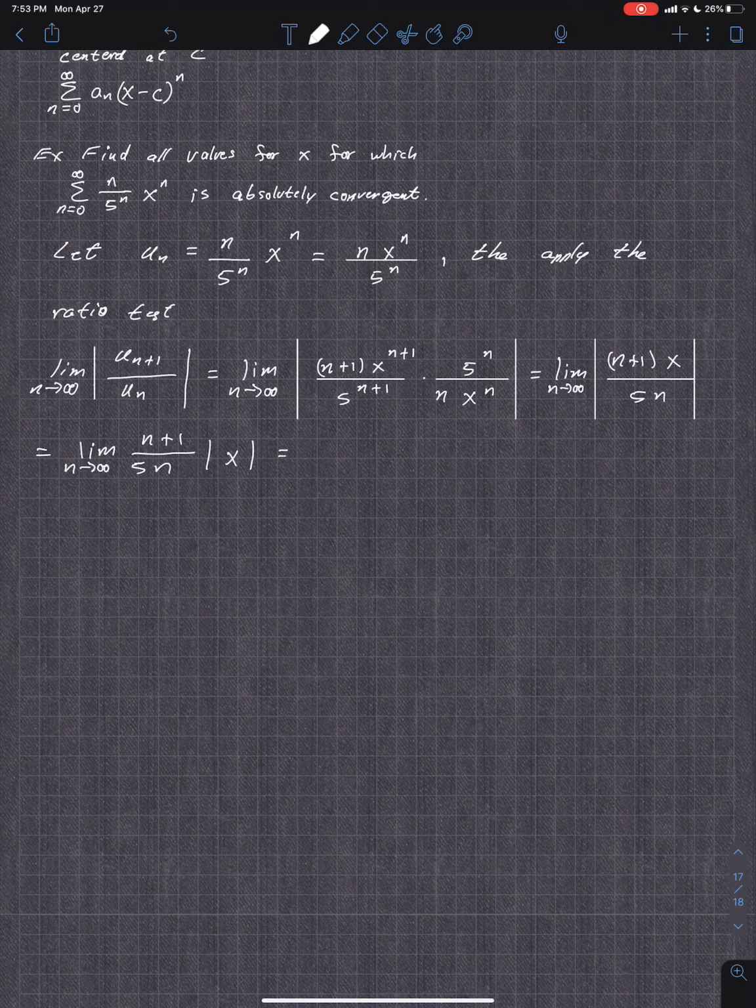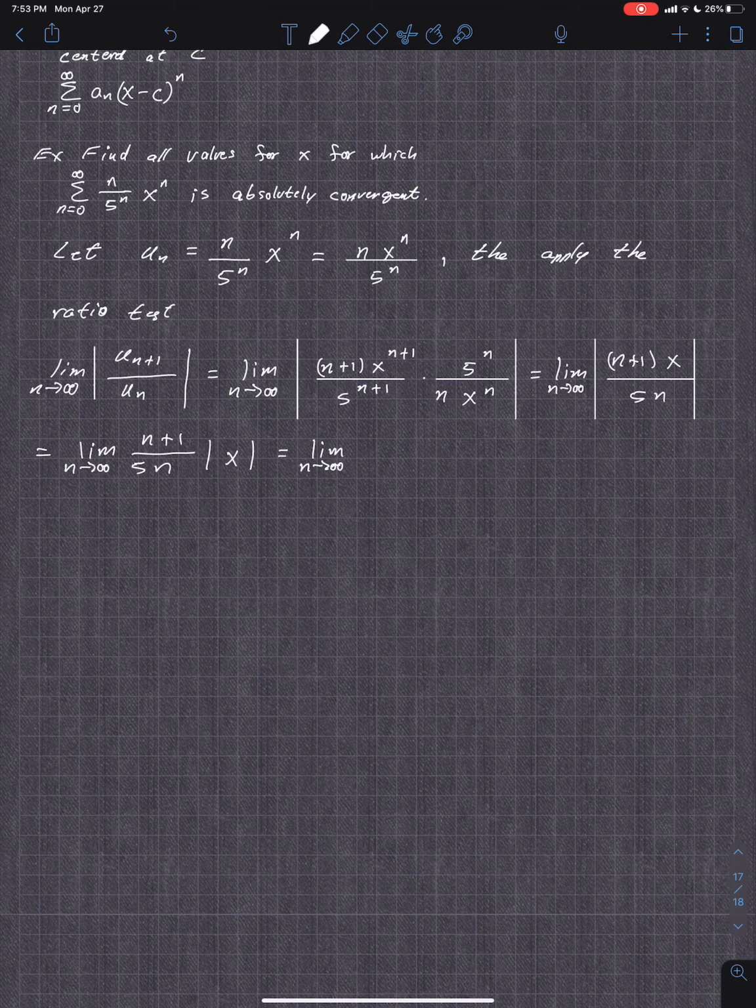Okay, so that's equal to the limit as n approaches infinity. And then when you take that limit for n, what does this approach? You can do this limit, that approaches 1/5.